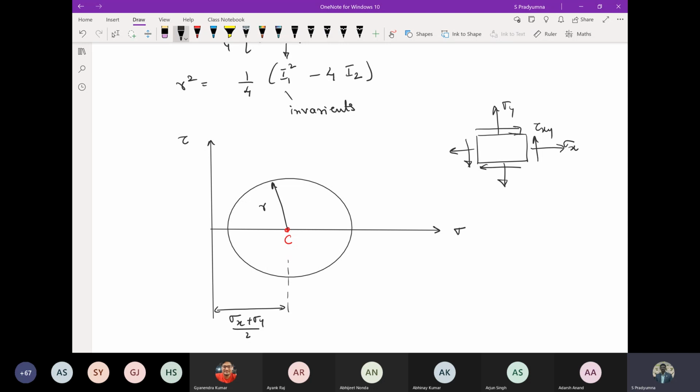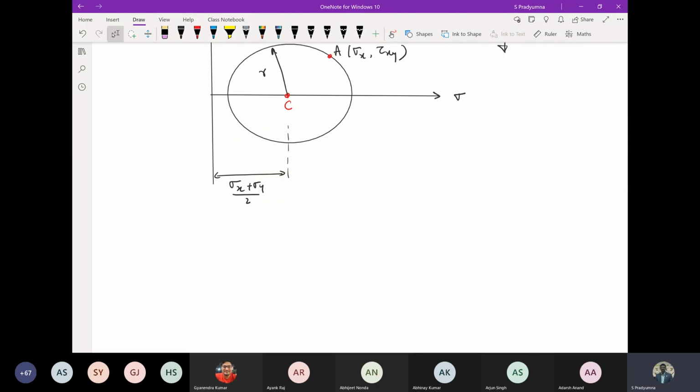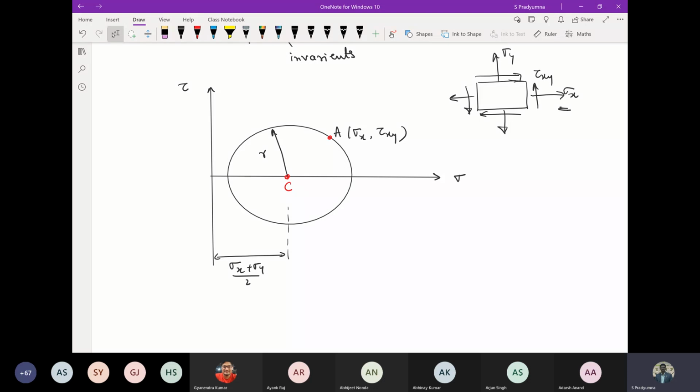I locate one point, calling it point A. The coordinate of this is sigma x comma tau xy. This corresponds to this state of stress, right? And then I know this value of C. With CA as radius, I draw the circle. That is also possible. This is just the way I can draw the Mohr circle.